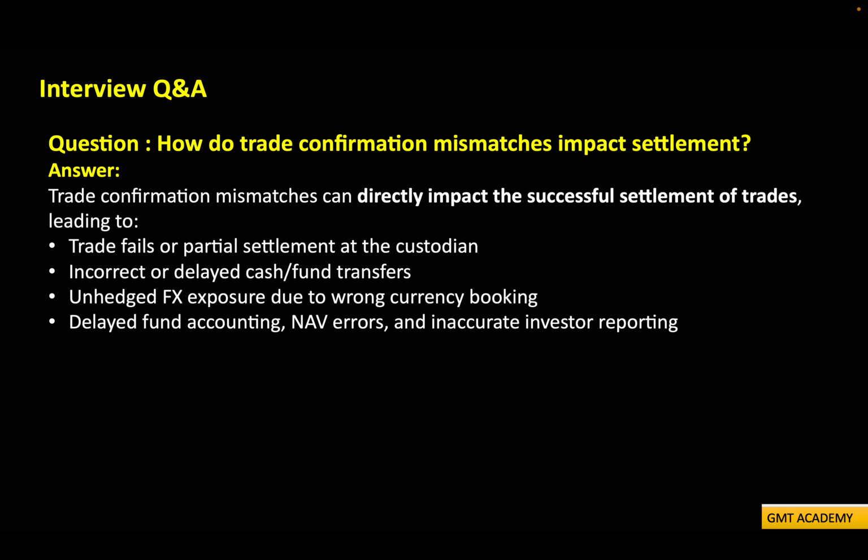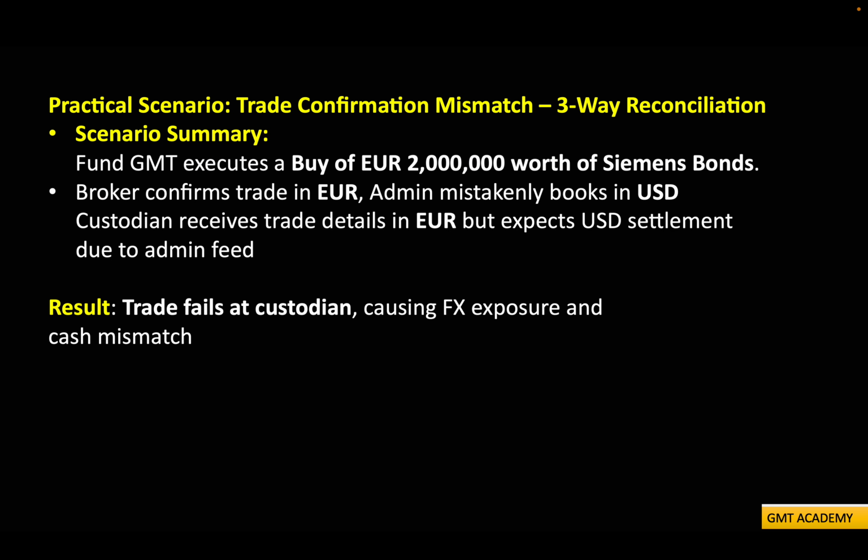Sometimes the custodian gets a delayed confirmation from the client who wants to buy or sell some more shares. A mismatch at the custodian side, or a delayed trade fund transfer, may also cause this, and unhedged FX exposure due to wrong currency booking can also delay this. Delayed fund accounting, NAV errors, or incorrect investor reporting may occur at the trade confirmation stage.